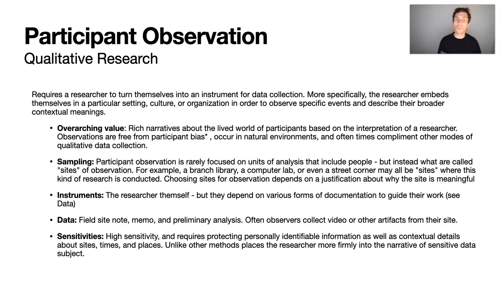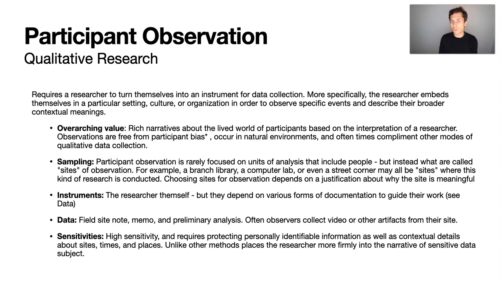There are very formal methods for recording 3 types of documents or 3 types of products that ultimately become our data for a participant observation. So the first is a field note. That field note will be really the observations and notes, the natural way in which we observe the world and record our ideas about it.